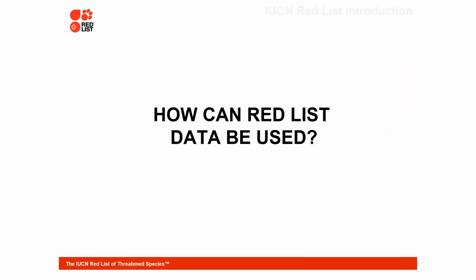How can Red List data be used? The data produced through the Red List is widely used to influence biodiversity conservation, making sure that the IUCN Red List is of a global standard for informing conservation action.